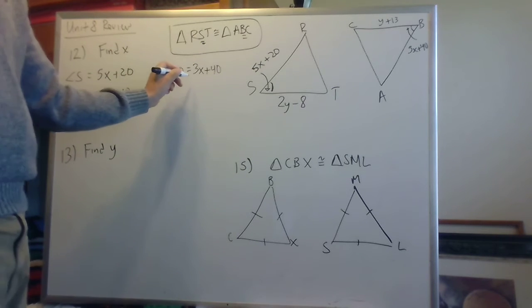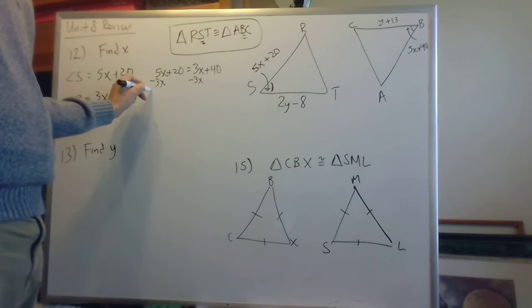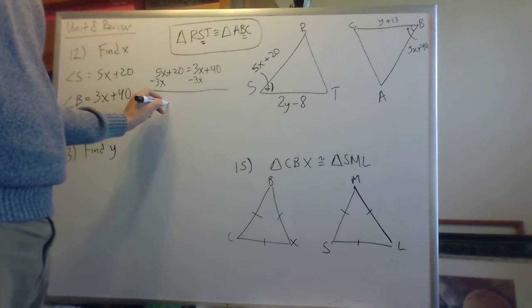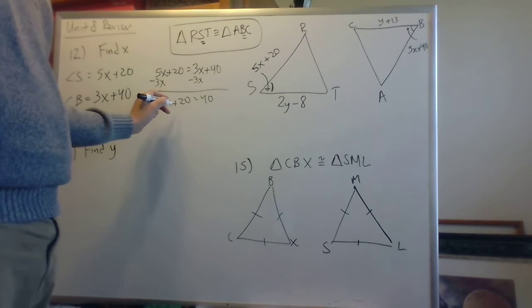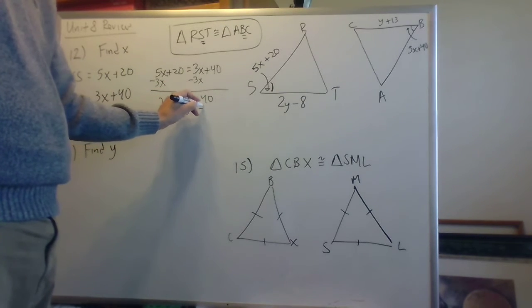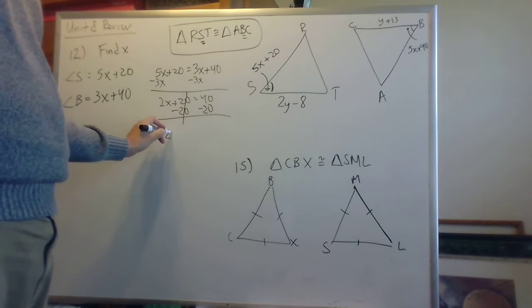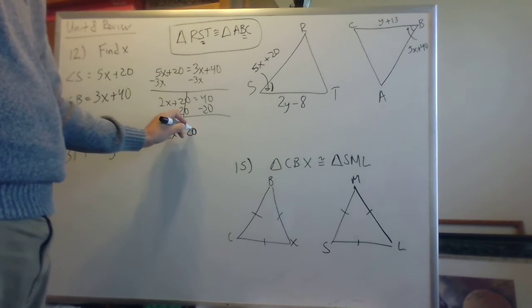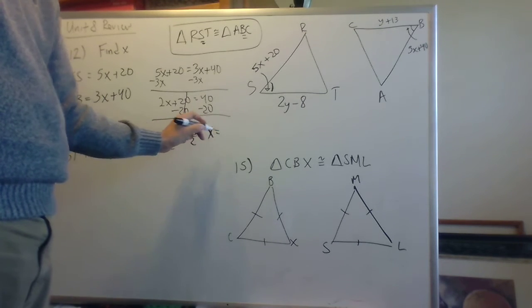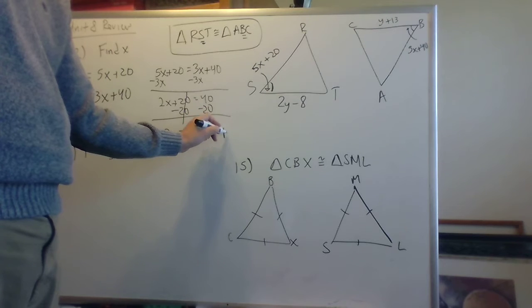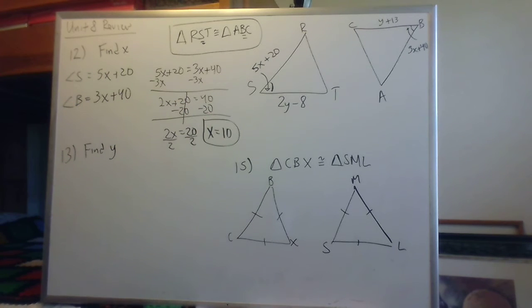So I'm going to subtract 3x from both sides, and we get 2x plus 20 equals 40, and then we're going to subtract 20 from both sides of the equation. That cancels out, and we get 2x equals 20. Divide both sides by 2. x is going to equal 20 divided by 2, or 10. So we just solved for x.